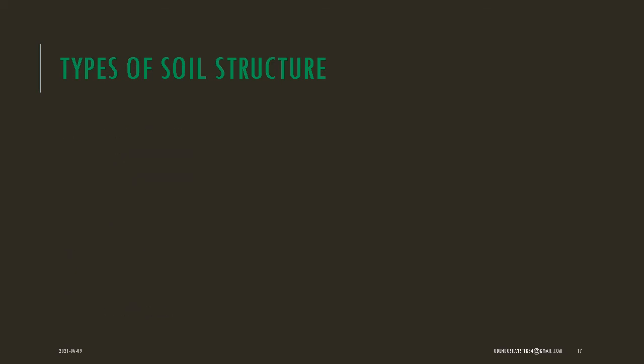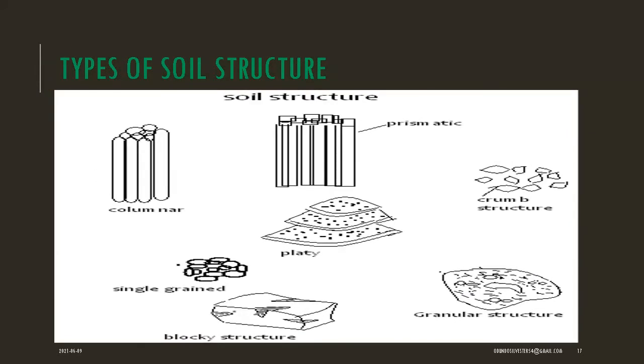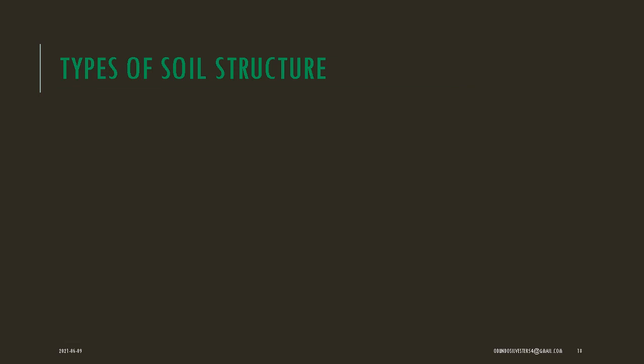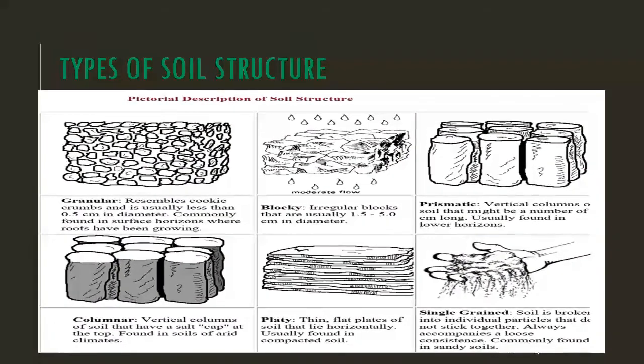Then the next slide, we're talking about the pictorial presentation of the same. So you have columnar, prismatic, crumbly structure, platey, single grain, blocky, and granular structure. In another pictorial diagram that explains it better, granular resembles cookie crumbs and is usually less than 0.05 centimeter in diameter.